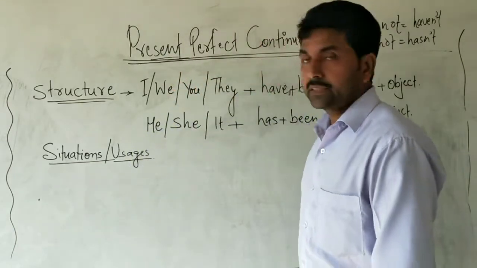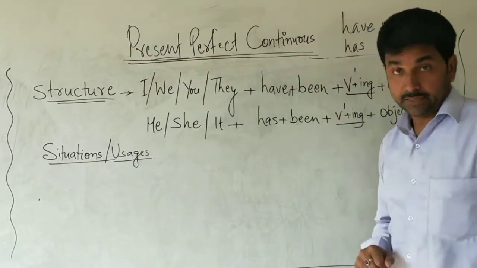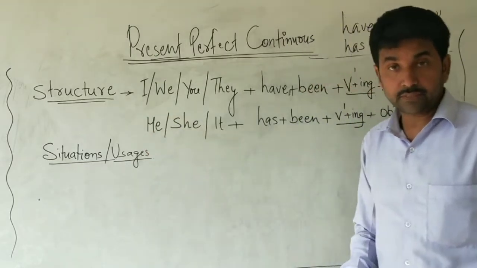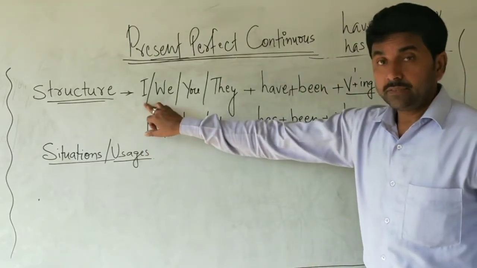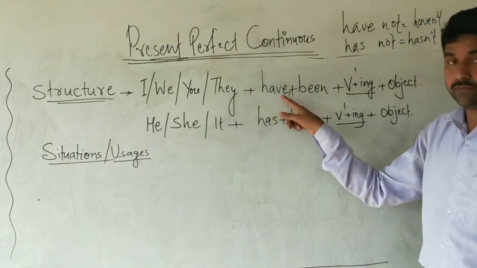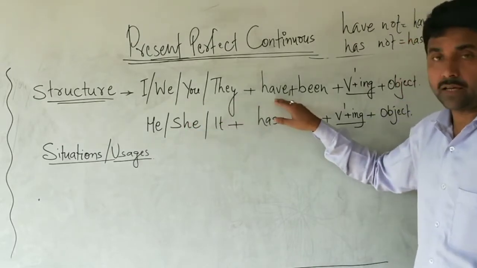So let's get started. The structure of present perfect continuous tense is, of course, as it was in present perfect. With I, we, you, and they, we use have, because they agree with have.